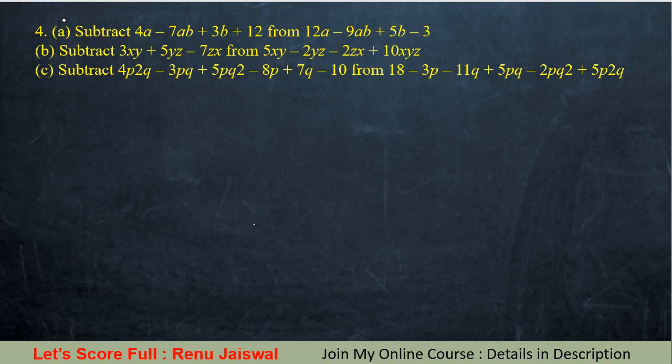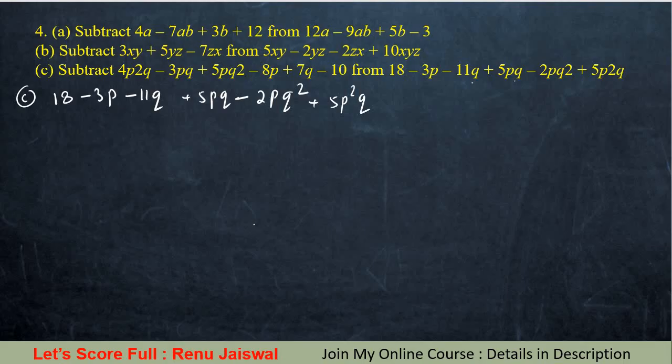Yes. So here it says subtract this from this. It's quite a big question. So the from term will come first. This is my C part. 18 minus 3p minus 11q, right? Then 5pq, 2pq square, and then 5p square q.